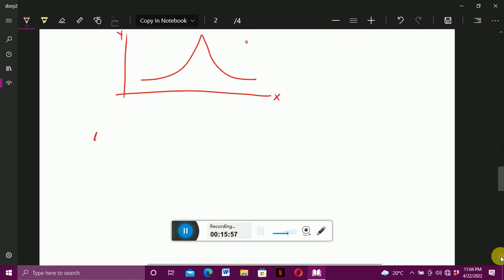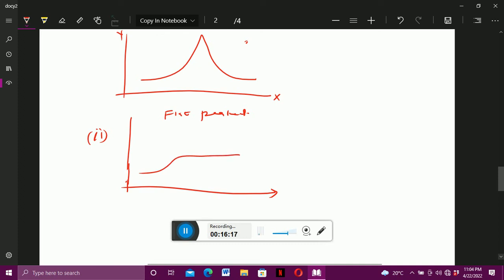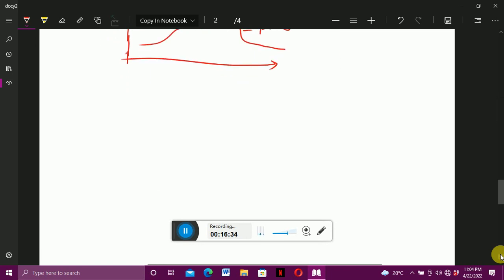The second way a frequency distribution can be in terms of kurtosis is that it can be flat peaked. If a frequency distribution is flat peaked, it's going to look like that, and it is said to be platykurtic.